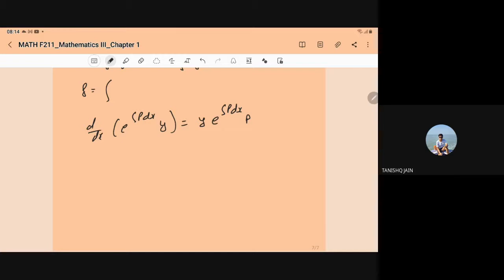P plus we have the e to power integral P dx and dy by dx. So we take e to power integral P dx common, and here we have P y plus dy by dx.